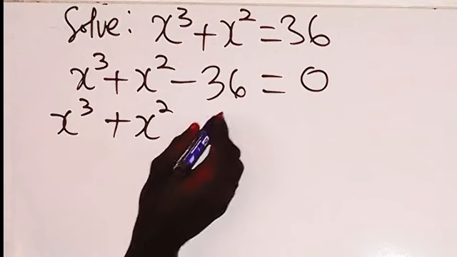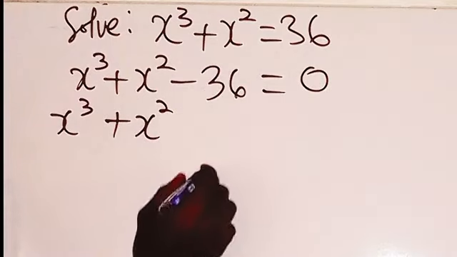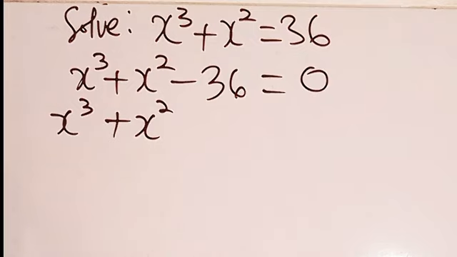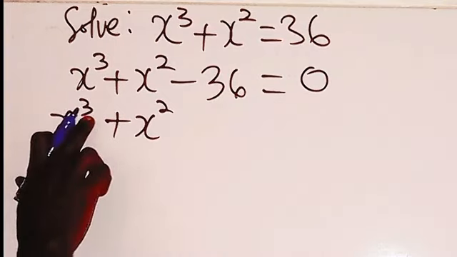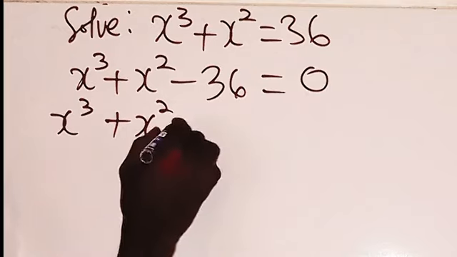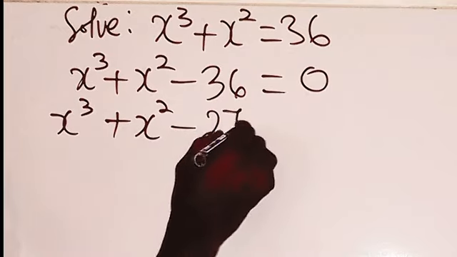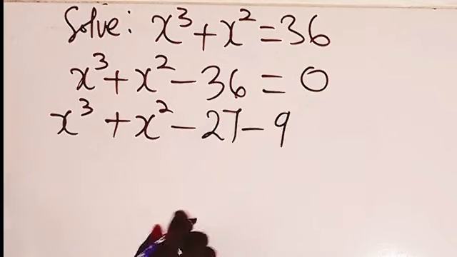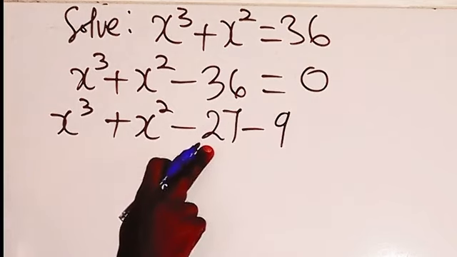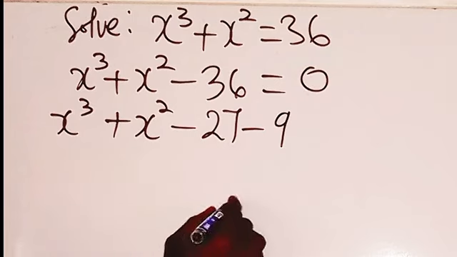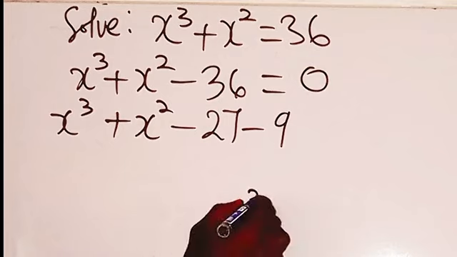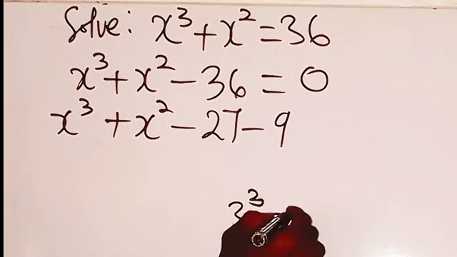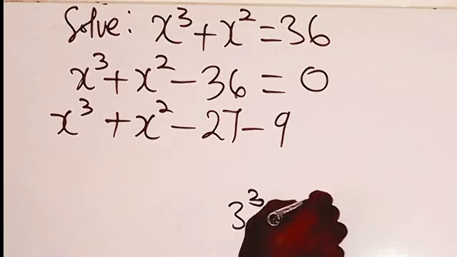I want to split this 36 into two numbers, whereby we express the two numbers in terms of power 3 and power 2, and that's going to be 27 minus 9, because you can see that this 27 can be written as 3 to the power of 3, and this 9 can also be written as 3 to the power of 2.